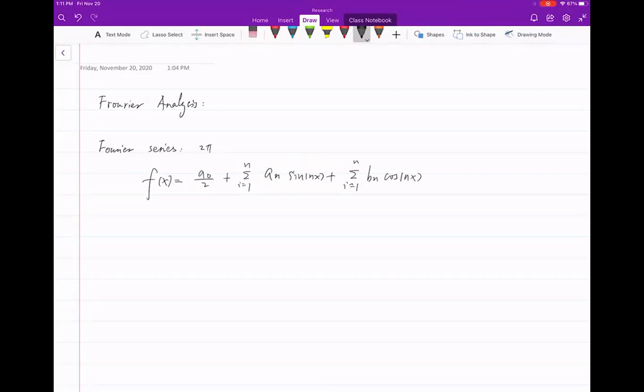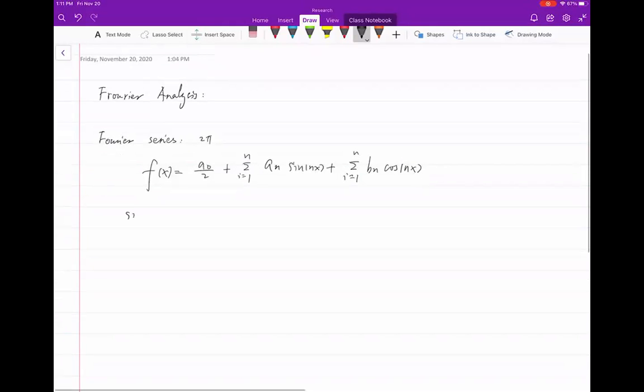Or if you think about everything in terms of linear algebra, basically we're just trying to say any vector, which is a function, can be rewritten as a linear combination of all sine nx and cosine nx and a constant.